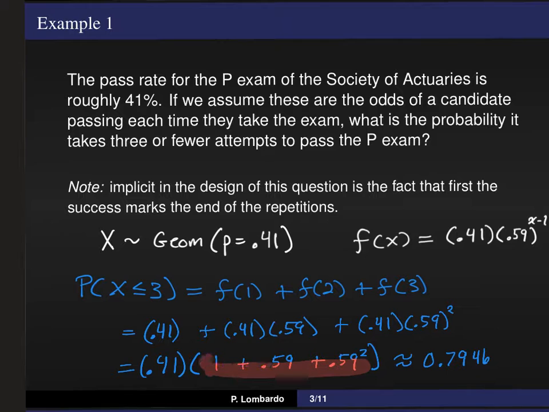Now I just do want to highlight one thing here. When you use the geometric random variable and you get these sums of successive powers, it is possible and probably recommended, if you have a large sum of these, to use your geometric sum formula. So I'm going to write out a separate example using this same random variable, and I'll show you how that works. So let's suppose that we wanted to find the probability that x is less than or equal to 10.